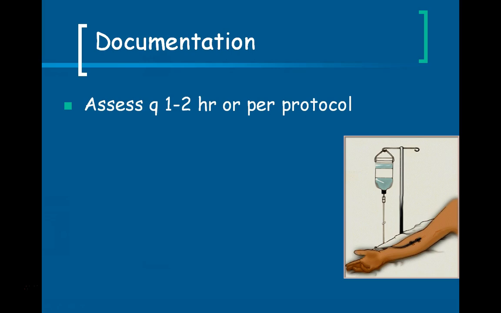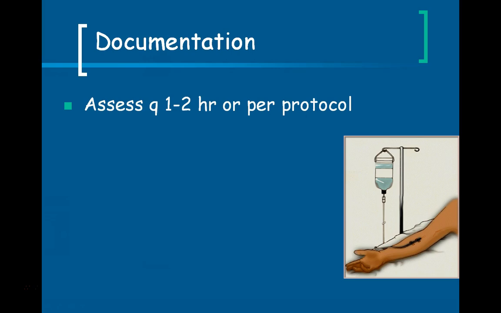If I had a patient that was getting an IV vesicant through a peripheral IV, I would want to be watching it more than every 2 hours. I'd want to keep an eye on it more frequently and make sure the patient knows to let me know if they feel anything uncomfortable at the site.